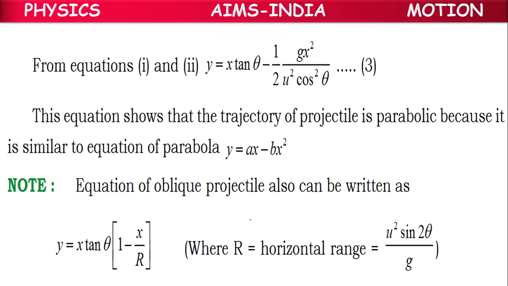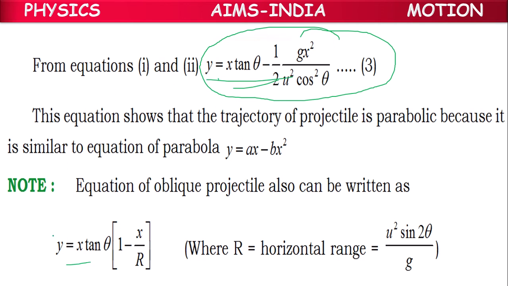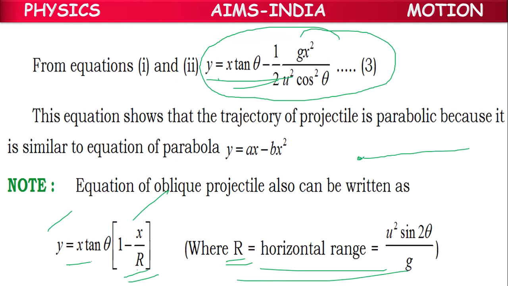This equation can also be written by taking x tan theta common. So y equal to x tan theta in the brackets, 1 minus x by R, where R is the horizontal range. It means from here we have thrown the body, up to what point it has reached.